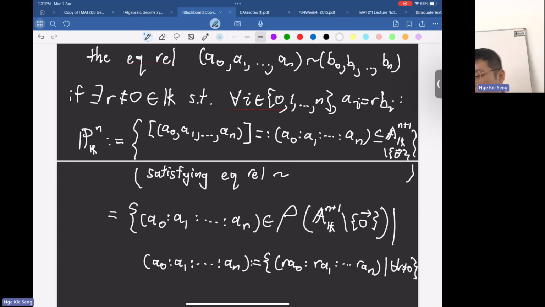Although we said that this is a line, actually this is a punctured line, right? Because we are not taking the origin. Why do we want a punctured line? Anyone has an idea? Why do we throw away the origin?